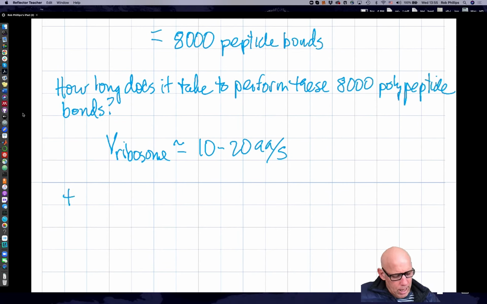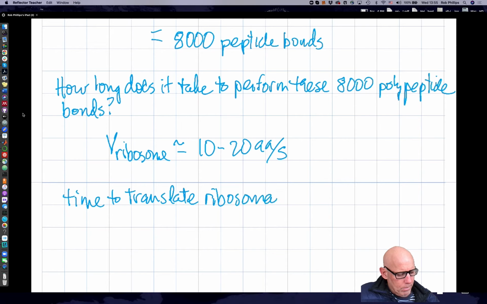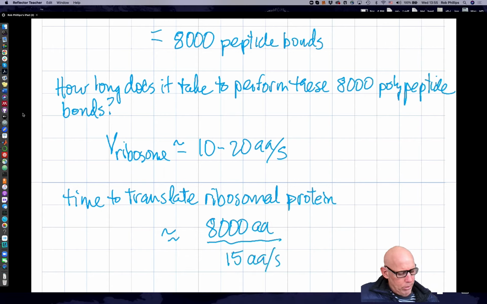So the time to translate ribosomal protein is approximately equal to 8,000 amino acids divided by, let's say, 15 amino acids per second, just to split the difference.